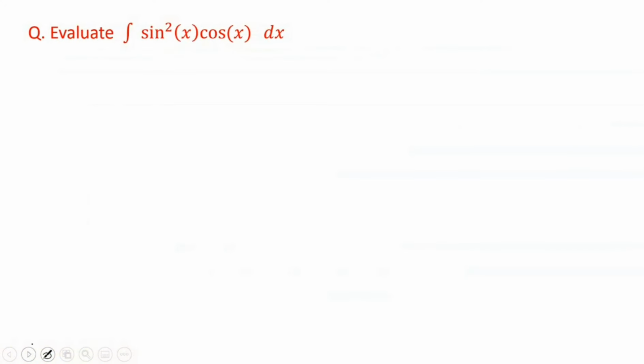So let's take an example: the integration of sin squared x cosine x dx. Let u equal sin x. This gives you du equal to cosine x dx.